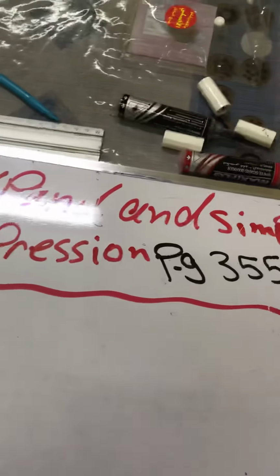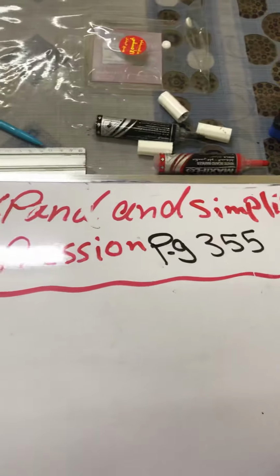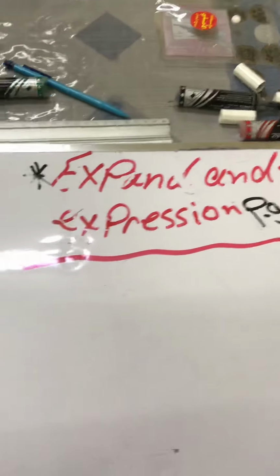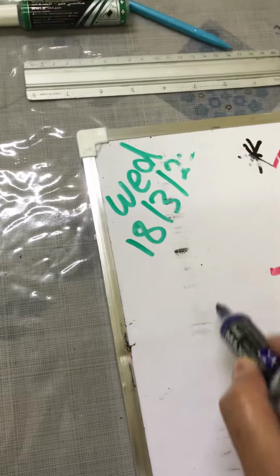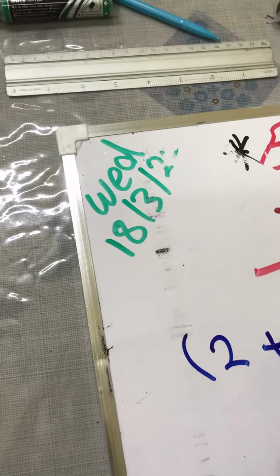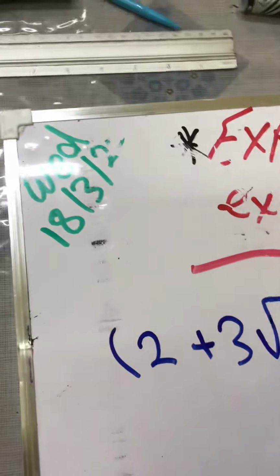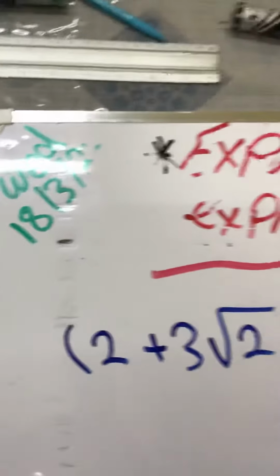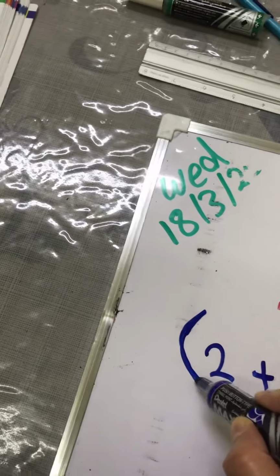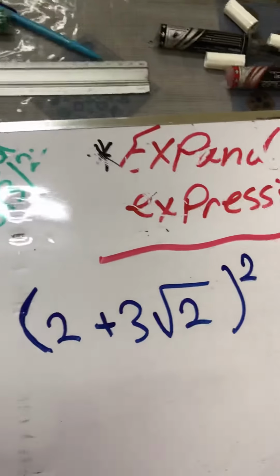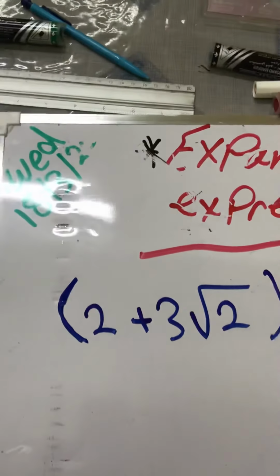Our lesson is in page 355, expand and simplify expression. If I want to expand and simplify an expression like this, (2 plus 3 square root of 2) square, because our chapter is related to irrational numbers, I have brackets raised to the second power.